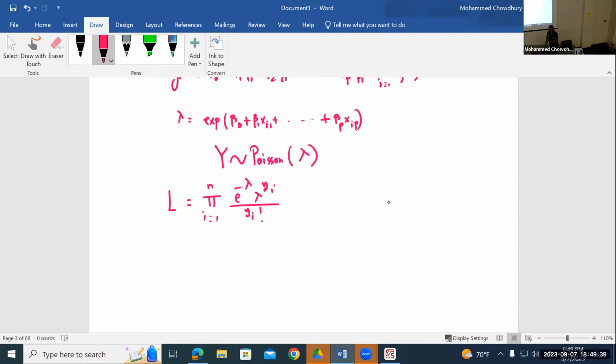R.A. Fisher came up with these things. Probability distributions were given maybe 200, 300, 400 years ago, but how to estimate the parameter, there was no unique way. This was all developed around 1920, 1930.